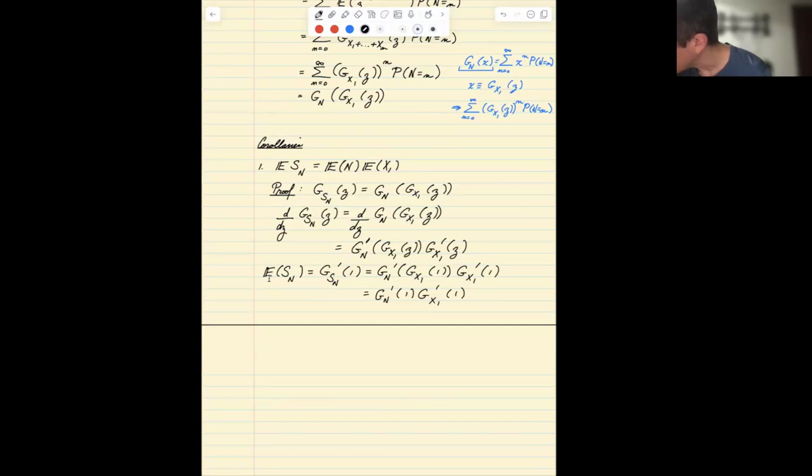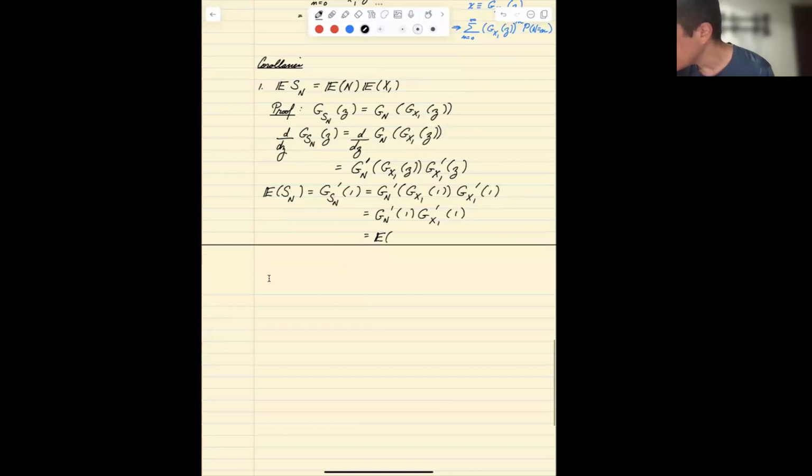But what are these? Well, these are the expectations, right? The probability generating function derivatives evaluated at 1 are factorial moments. The first derivative evaluated at 1 is just the first moment. So G_N prime of 1 is the expectation of N, and G_X1 prime of 1 is the expectation of X1.